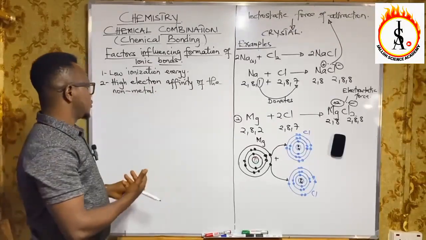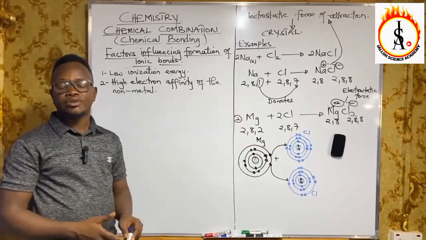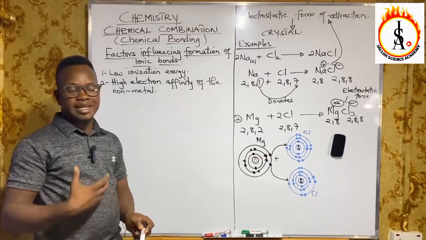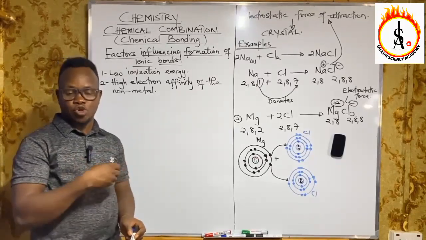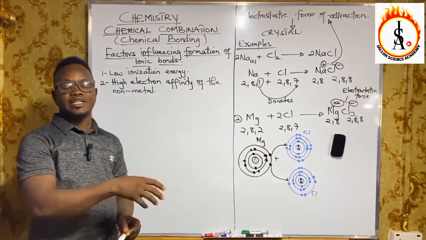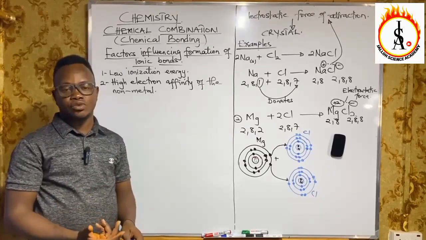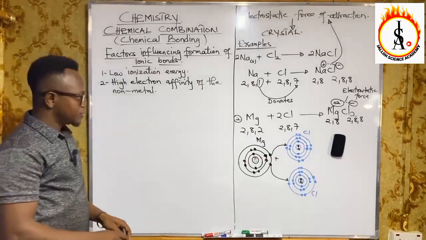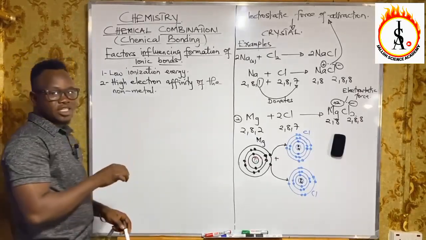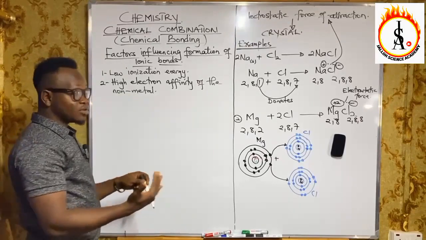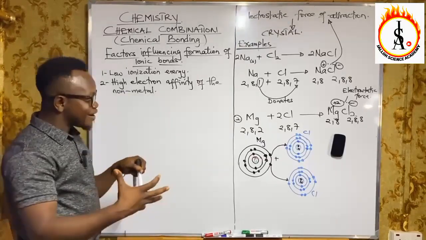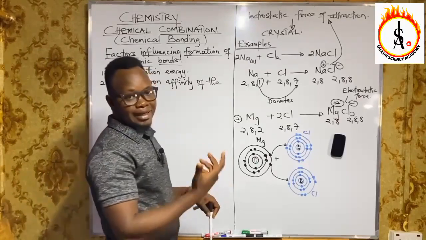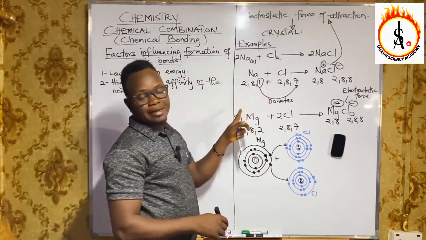When we talk of electron affinity, we're talking of the enthalpy change that occurs, meaning either the energy that is absorbed or the one evolved when a species gains an electron to become a singly negatively charged anion. So the high electron affinity of the non-metal here, because they are craving for electrons, the non-metals need electrons more than the metals.